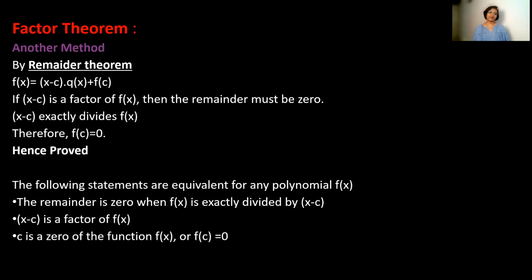Another method by the remainder theorem again. In this remainder theorem, if x minus c is a factor of f(x), then the remainder must be 0. That we know. If these are the factors of 18, there is no remainder because it divides completely.